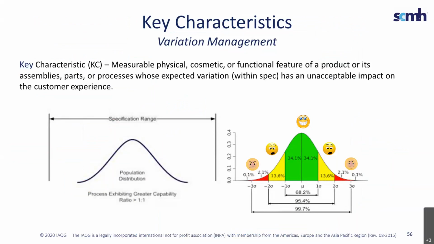So let's talk about key characteristics specifically. This chart is specifically designed to try and focus us on what a key characteristic actually is and what it actually isn't. This chart speaks to the customer, I want to say excitement, but the customer enthusiasm around a variation reduced product, variation reduced characteristic.